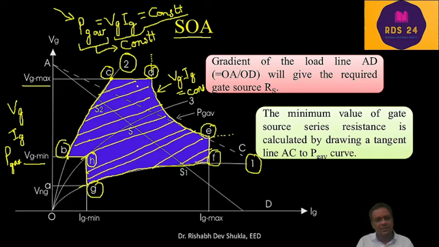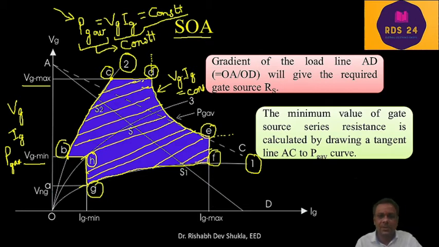This is the shaded region. The SOA of the gate drive should lie within this safe operating area. This highlighted area will give you the effective turn on.